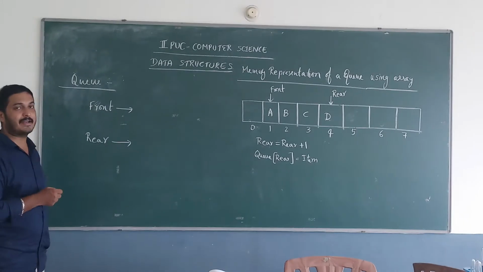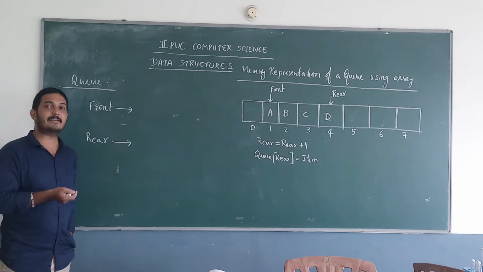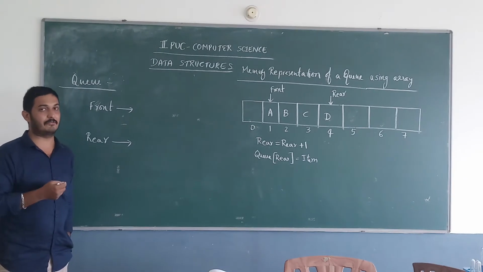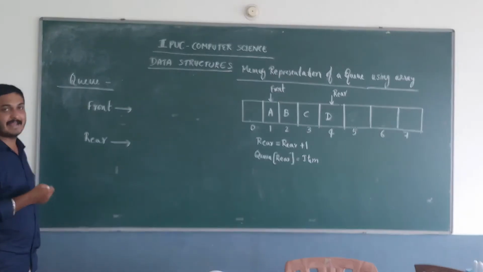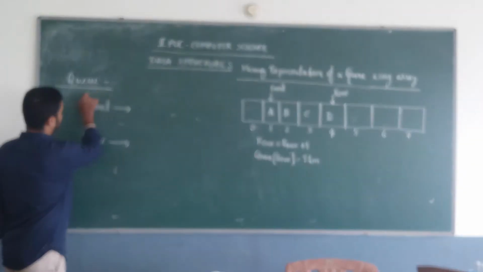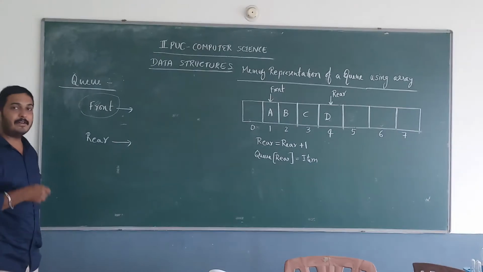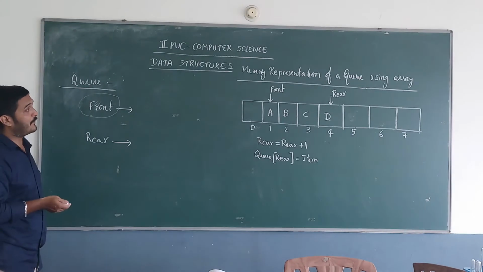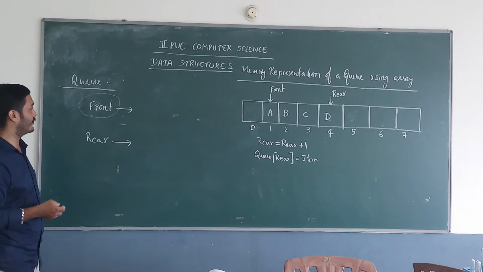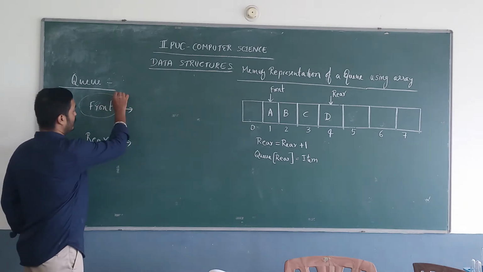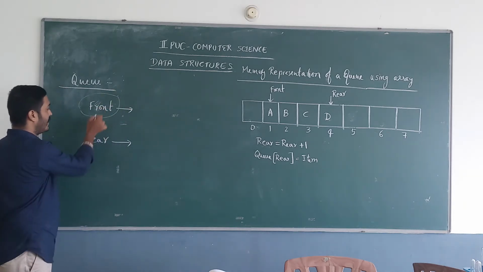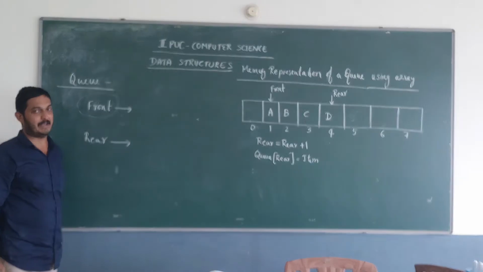According to the Queue data structure, first come, first served, or first in, first out. If you want to delete an item, it will take place at the front location. Whenever we perform operations using a Queue, we need two variables, front and rear, or pointer variables.